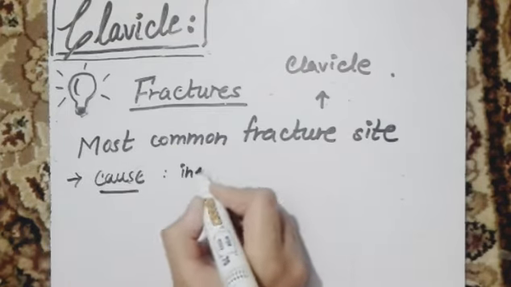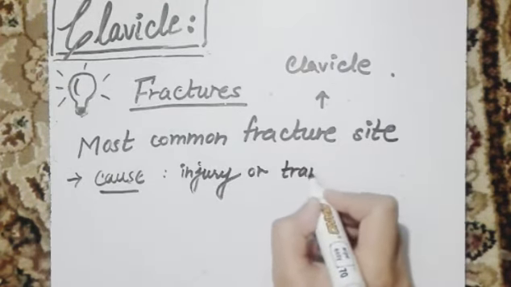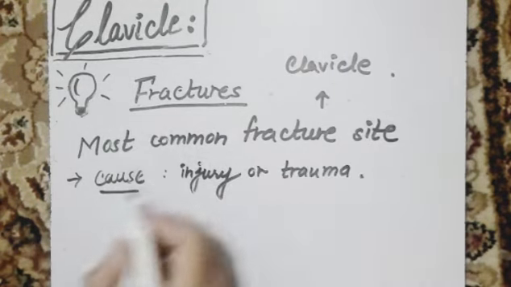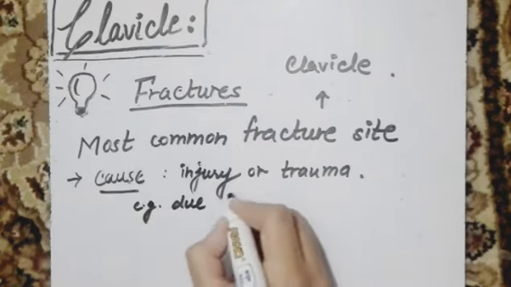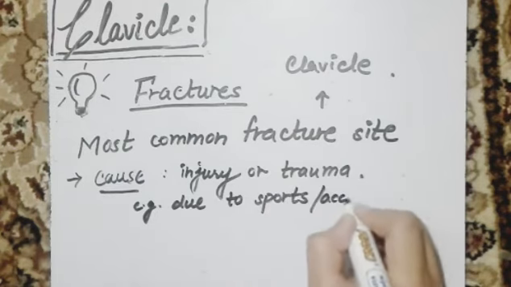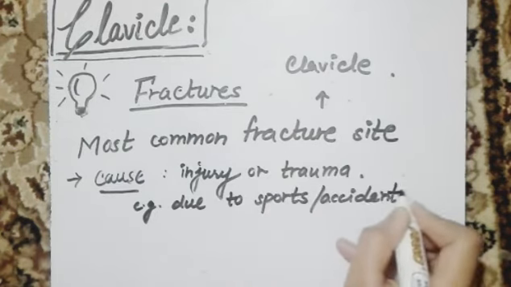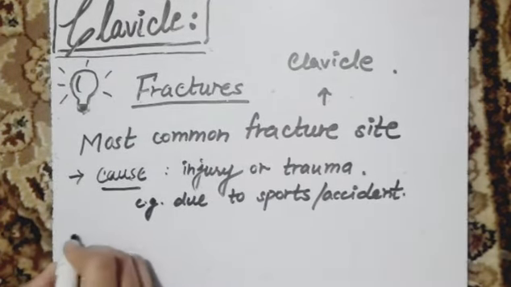Its cause is basically injury or trauma to the clavicle. For example, if you're cycling and you fall off onto your clavicle, onto your shoulder, you just get a fracture.